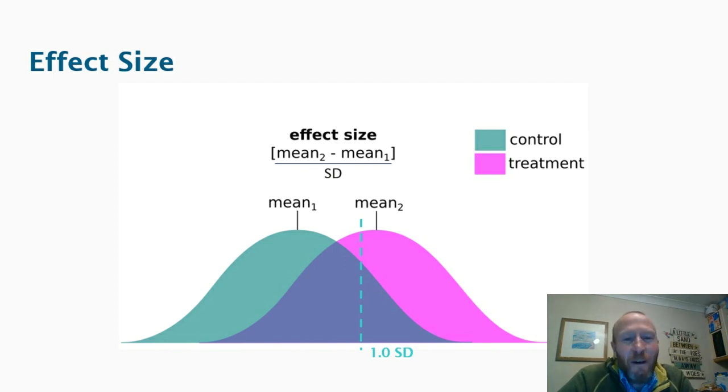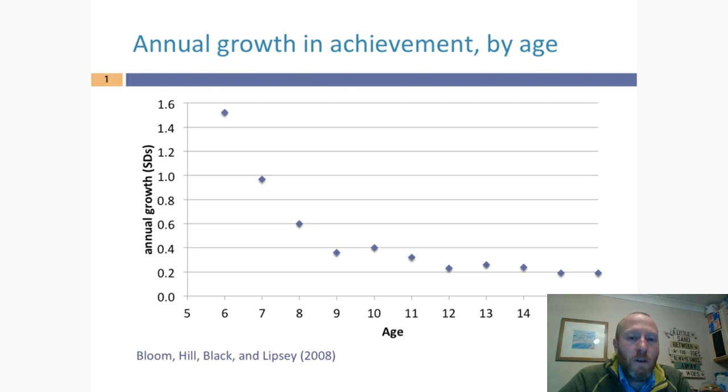But if you ask me now, I would say it depends a lot on the context. In particular, it depends on age. This is an estimate of how much achievement of a group of children changes as they get older. Obviously, as children get older, if you give them a test and then another test on a similar thing, you'd expect them to do better.